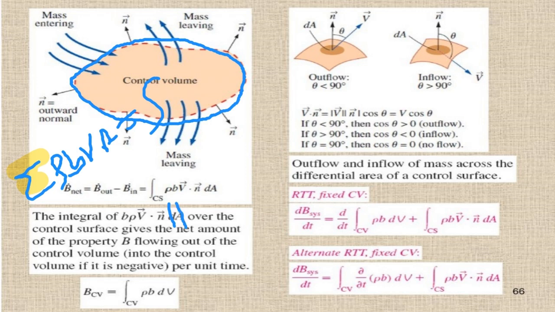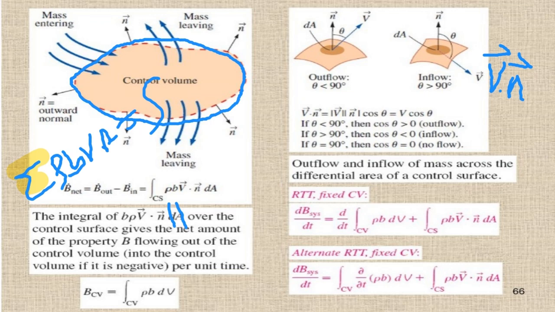V scalar product n? What is the mathematical meaning of it? What is n, by the way? n is the normal unit vector, right? When you find the scalar product of V and n, what do you get?